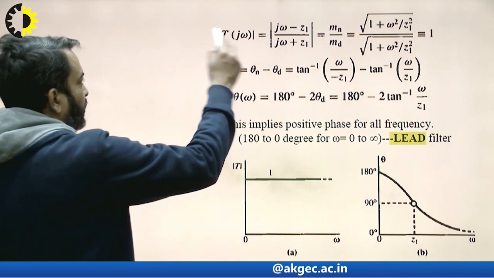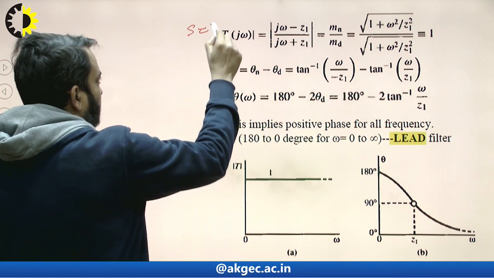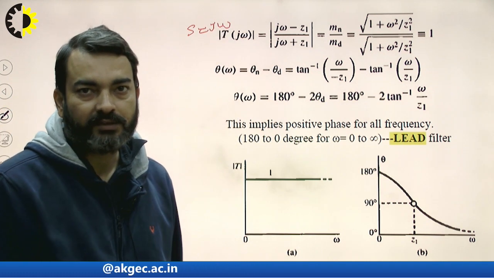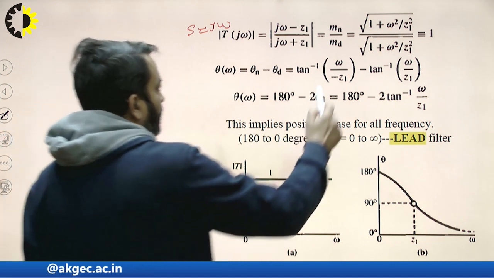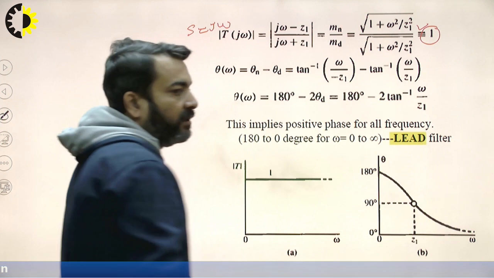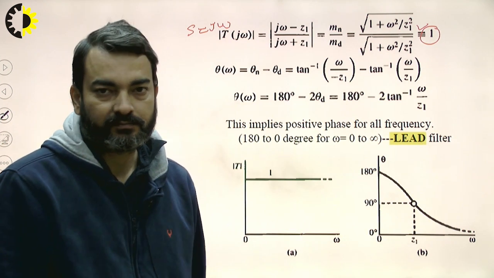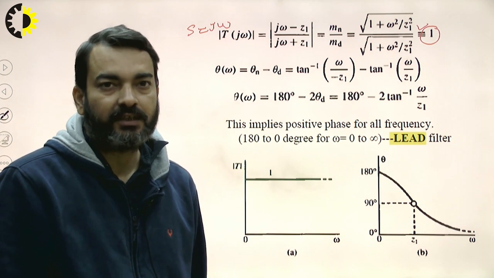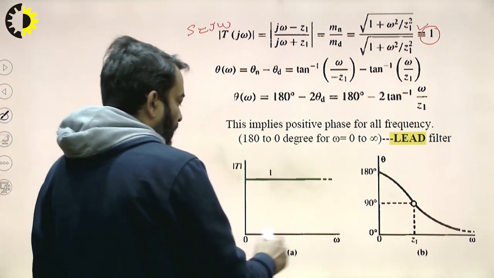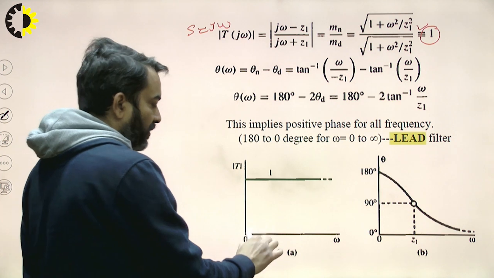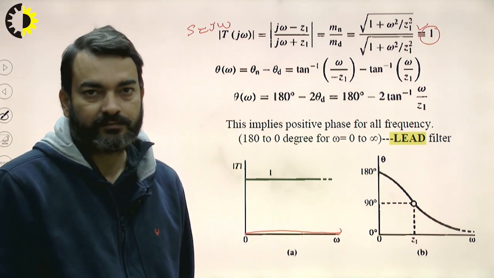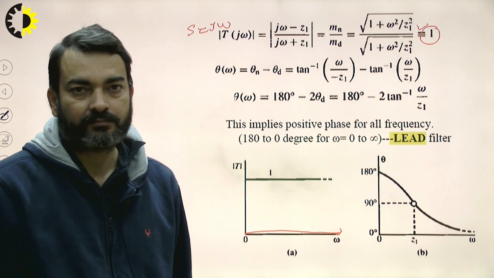Simply by putting S equal to j omega in the standard transfer function, we can get the magnitude. This magnitude will be unity in the present case. We can have the generalized gain condition also. This is the property of all pass, that ideally it will pass all the frequencies with constant gain, as is clear from the name.